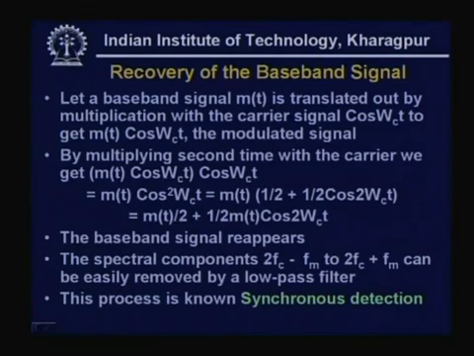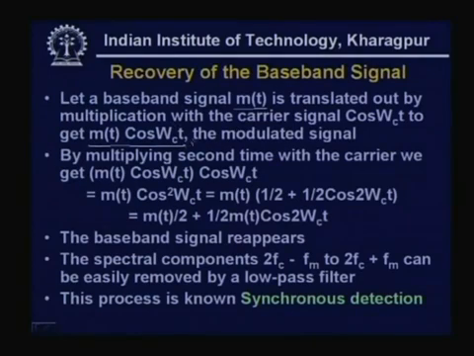As you can see, let the baseband signal be m(t), and after multiplication with the carrier, the signal gets converted to m(t) cos ωct, where ωc is 2π fc. So, m(t) cos ωct is the modulated signal that is being transmitted.